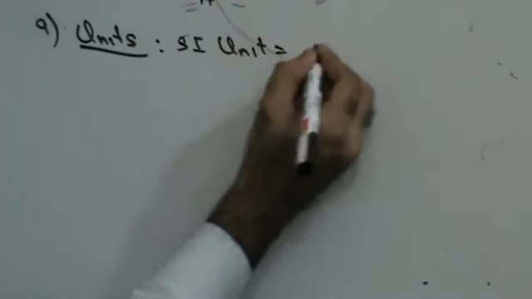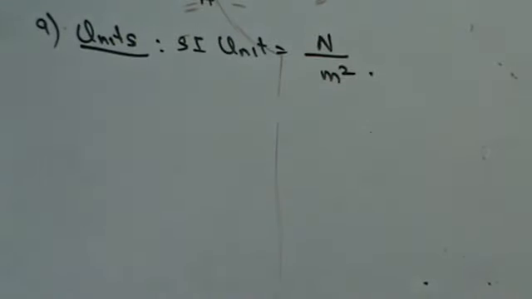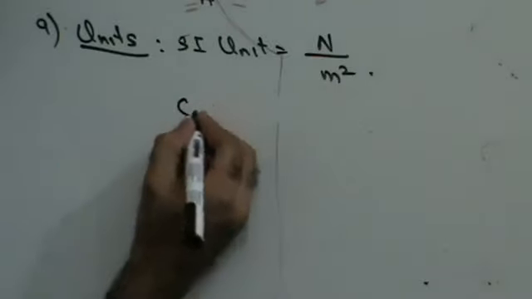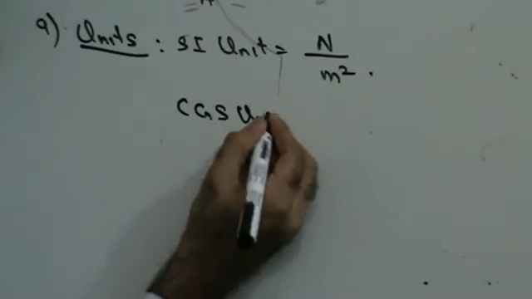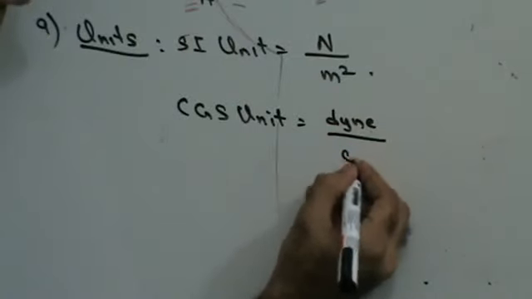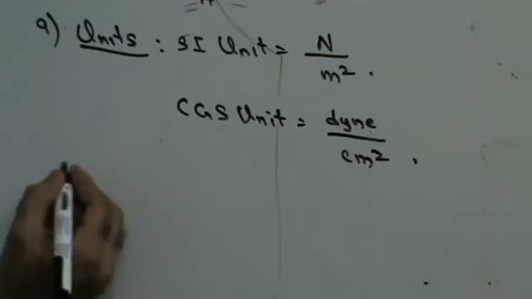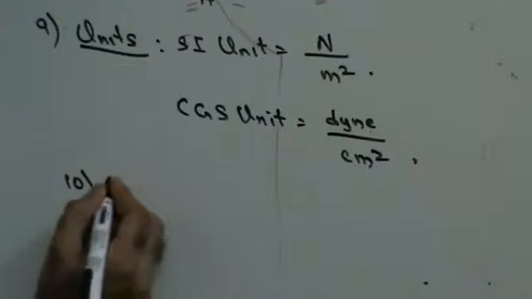Therefore, the SI unit of stress will be newtons per meter square, and the CGS unit of stress will be dyne per centimeter square. Those are going to be the units of stress. If these are the units of stress, what will be the dimensions of stress?